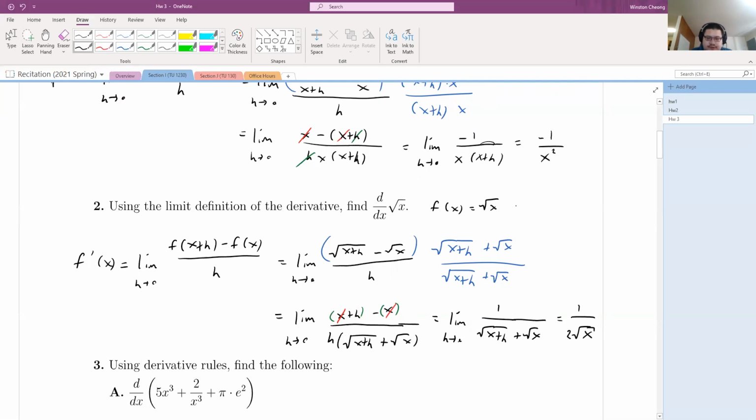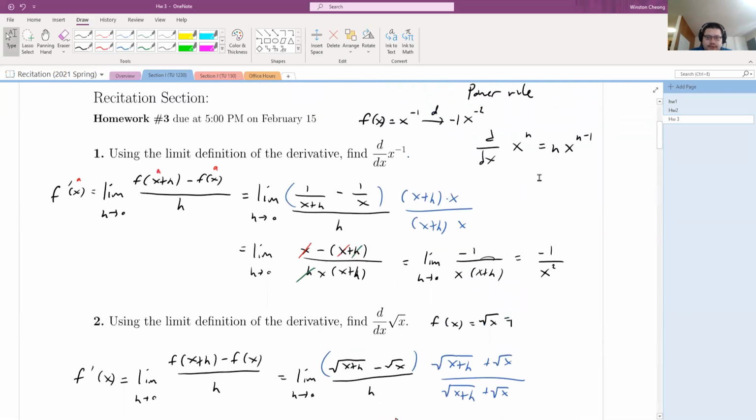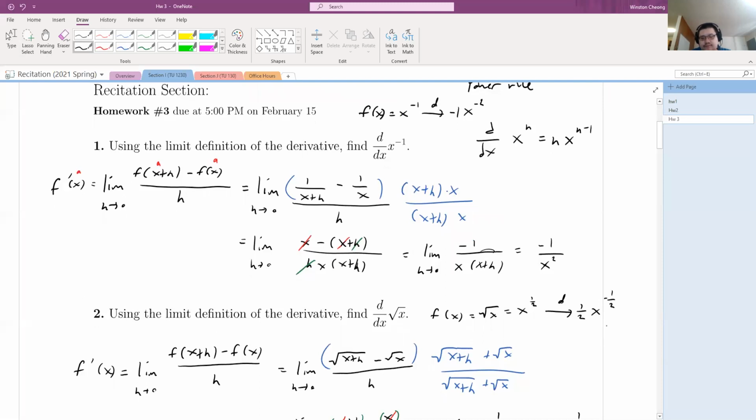And just to double check this, if we want to use power rule, we want x to be raised to some power that is a number, right? So square root of x, I hope you remember, is a 1/2 power. Take the derivative. According to power rule, you bring the power down, and then you decrease the power by 1. So you get a -1/2.